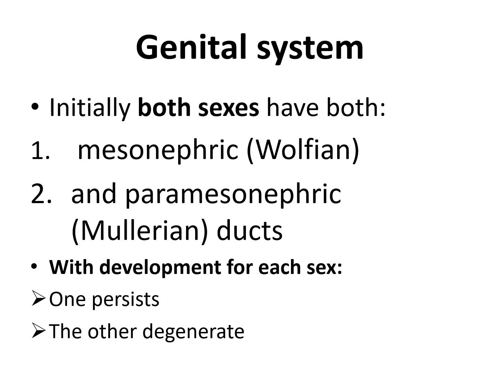So in male, initially at first we have the mesonephric and the paramesonephric. With further development of each sex, one of them will persist and one of them will disappear. So they will not persist both. So if the mesonephric duct persists, this means that the paramesonephric duct disappears, and vice versa.